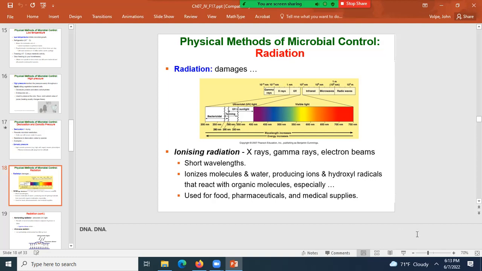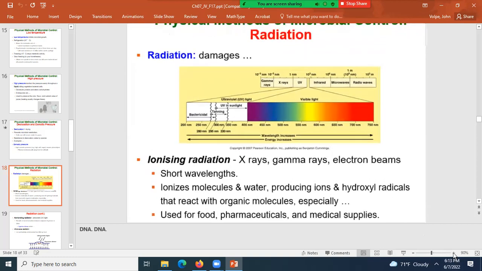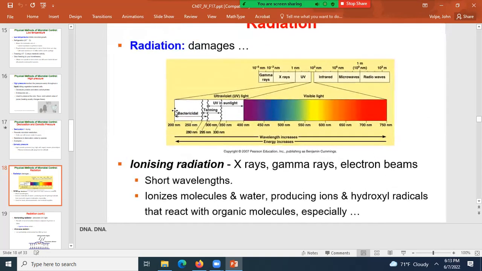So this chart is trying to show you that actually all of the electromagnetic spectrum is radiation, but when we're talking about ionizing radiation, we mean here, gamma rays and X-rays.